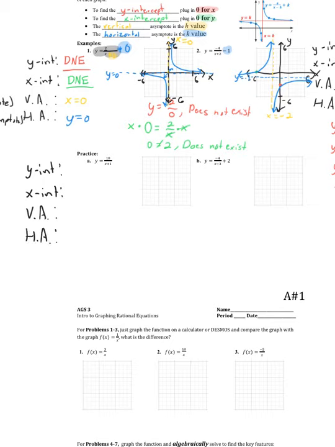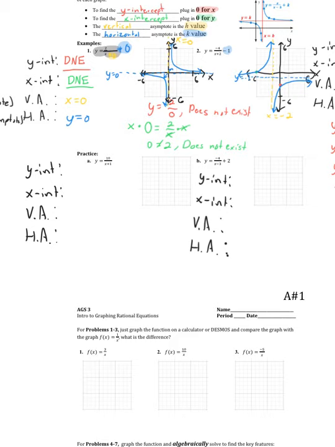Take a few minutes to work on that. Show me your work algebraically to find those intercepts. You're more than welcome to graph on Desmos at the end to check your answers, but only to check your answers. On an assessment, I'd expect you to show your work to show me how to find those intercepts. So give those two problems a try. Take a few minutes to work on it now.